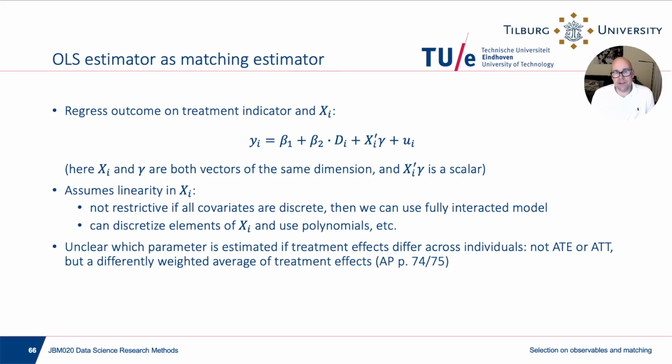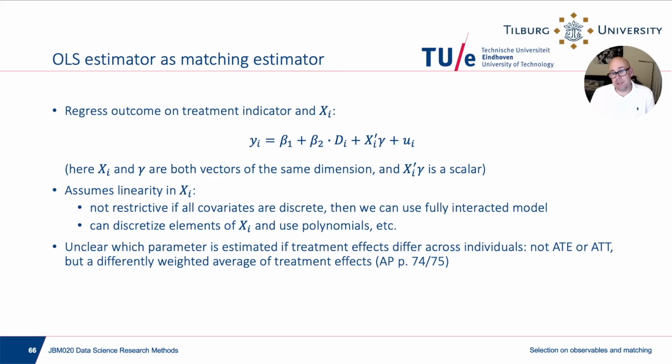So we're already nearing the end of this presentation. I have not yet talked about OLS really as a matching estimator. We have talked about this idea before, that you can simply regress the outcome on a treatment indicator once random assignment holds.